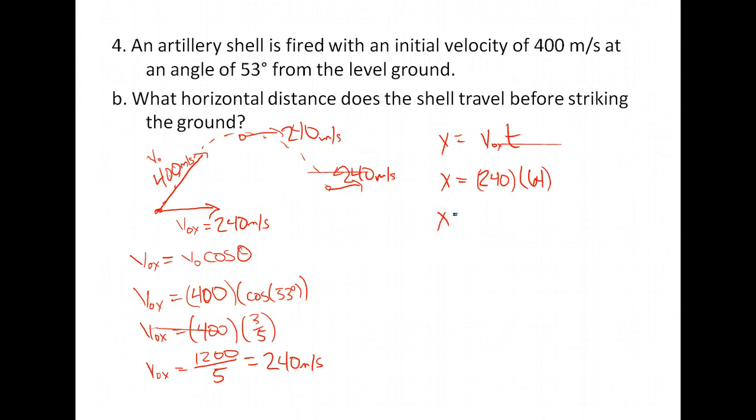Okay, and so that would give us 15,360 meters there. Now we could also round that with significant digits, but we'll just keep it like that for now. So let's look at question number 5 in the third part to this.